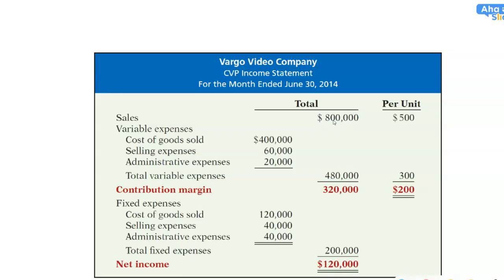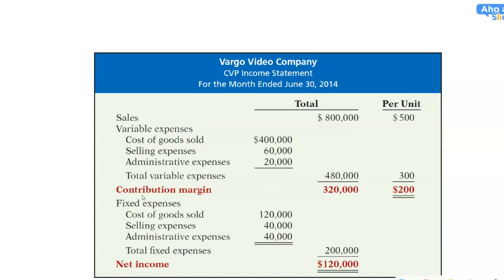Now I'm dealing with three things here: sales and variable costs and fixed costs. Well, I know that the variable costs move in the same direction and the same proportion as the sales. So I can net these two together, subtract them, and deal with only one number here.